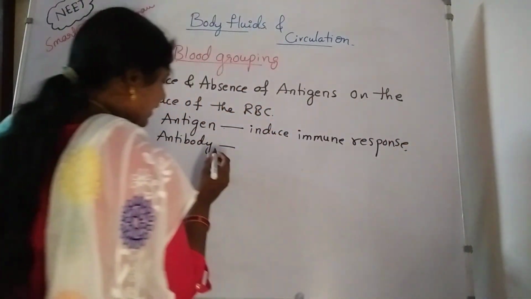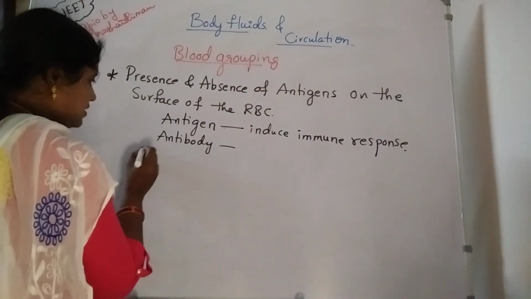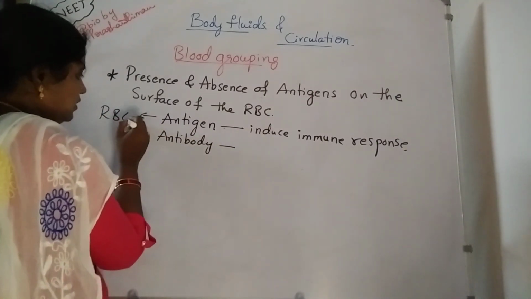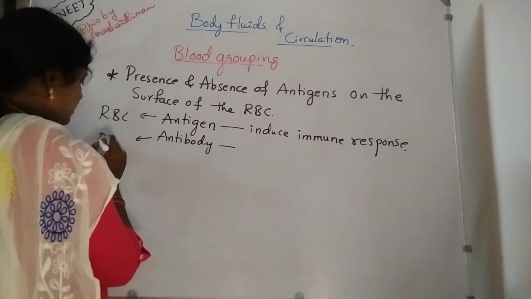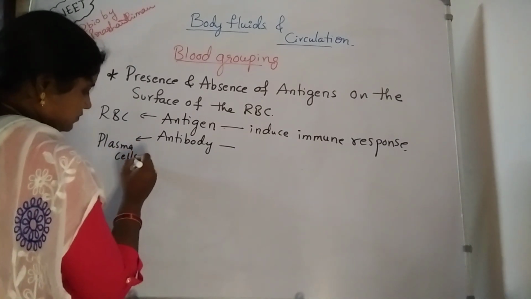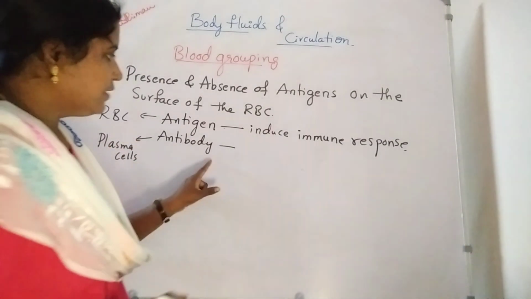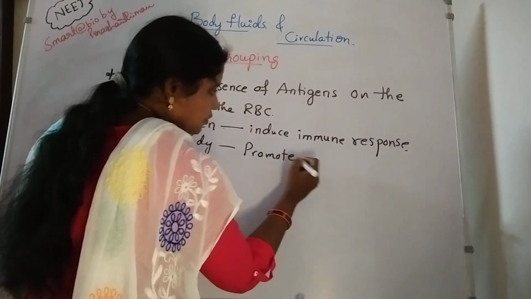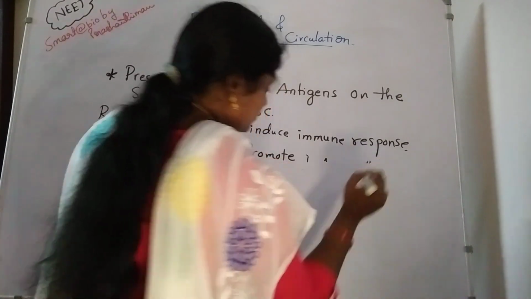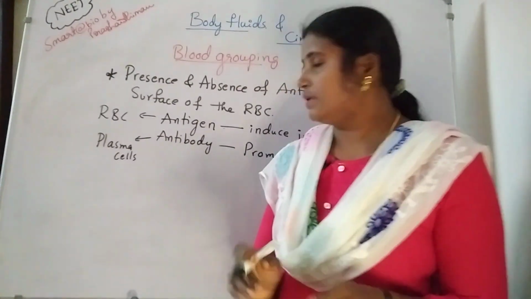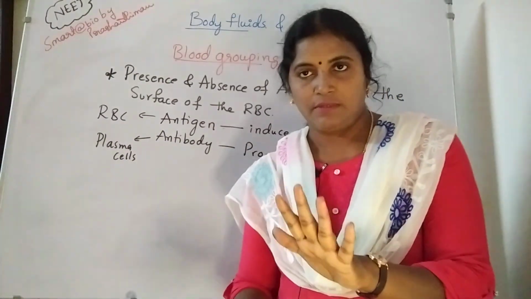Okay, so antibodies are present in the plasma cells. So antigens are present in the RBC, antibodies are present in the plasma cells. Okay, so these antibodies promote the immune response. This is the basic point in the blood grouping. Mainly we can determine the blood groups.